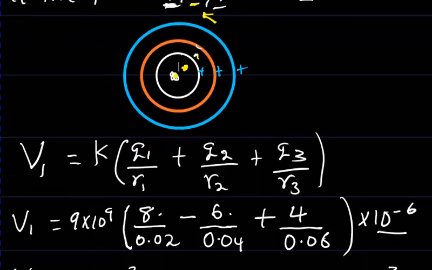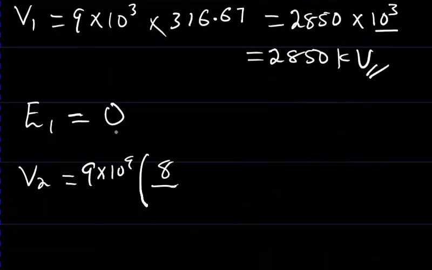Now we are taking it one after the other. The distance from the surface charge of the first sphere to that point, 5 cm, is from 4 to 5, that is 1 cm, which is 0.01.